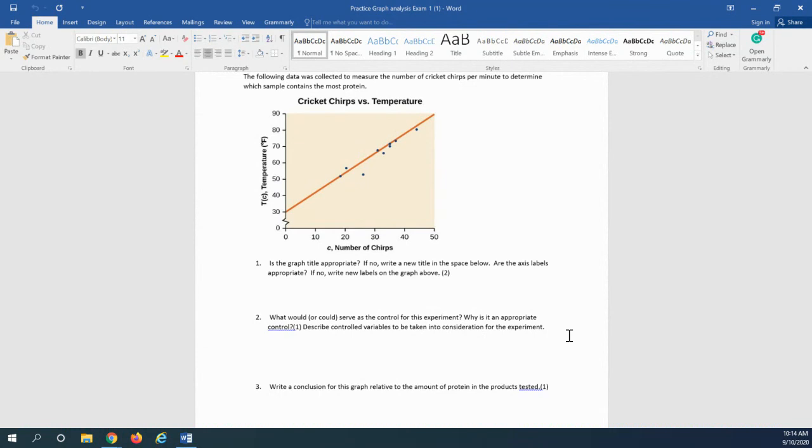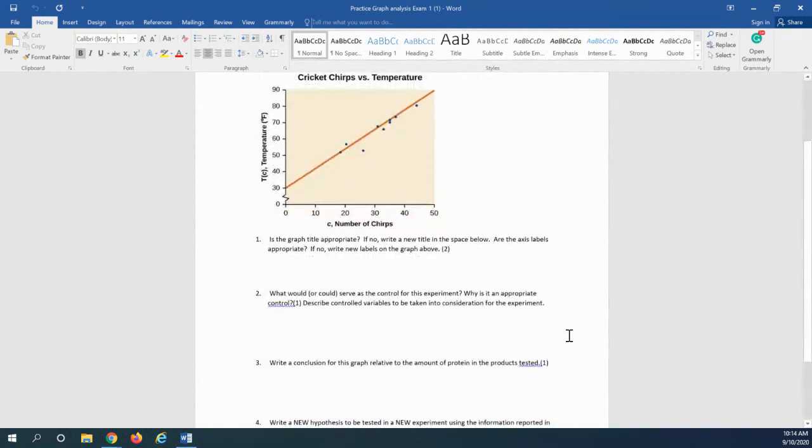So this one isn't the best for a control, but maybe they separated the male and female crickets because they know that they have different chirping rates, but being able to explain what a control is.